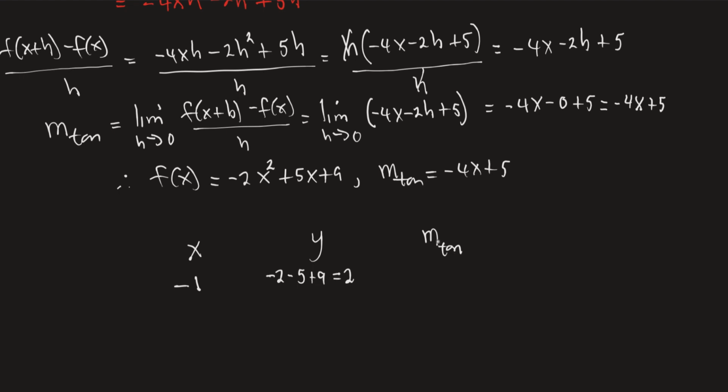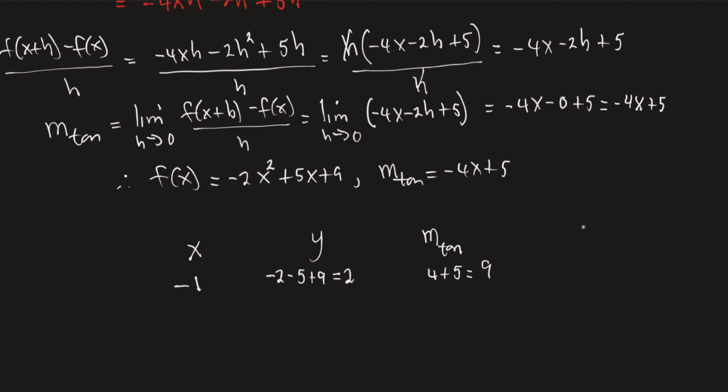If I wanted the slope of the tangent line at this point, now I could plug my x value into this function. So it would have a slope of 4 plus 5, which is 9, right? There you go. So for instance, the point on the graph would be -1, 2, and the slope at that point would be a positive 9.